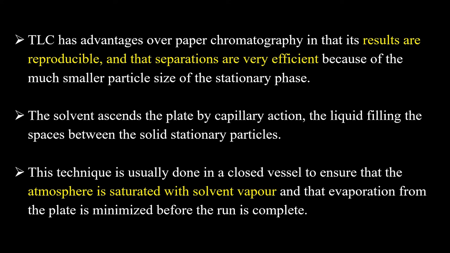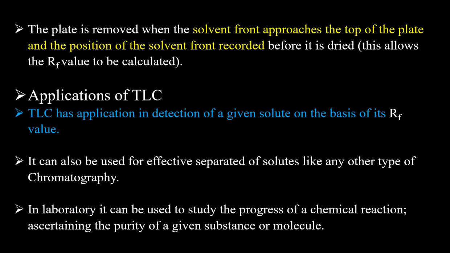We have to mark the solvent front as early as possible when we remove the plate out of the chromatography chamber. The plate is removed when the solvent front approaches the top of the plate, and the position of the solvent front is recorded before it is dried, because drying takes place very fast.